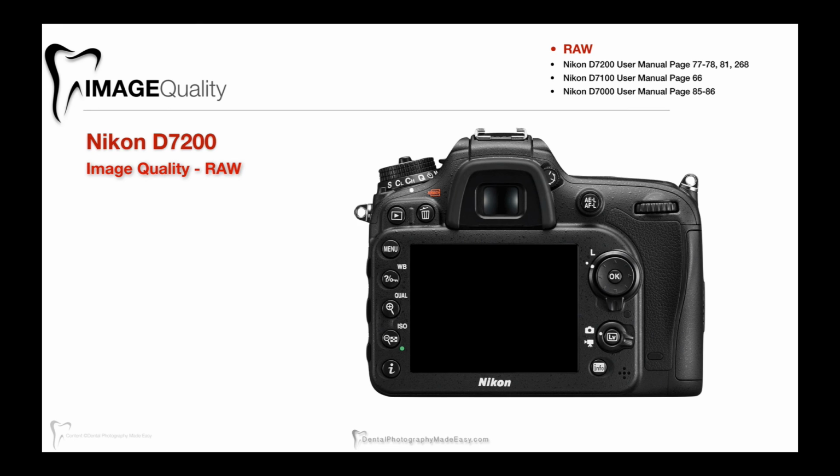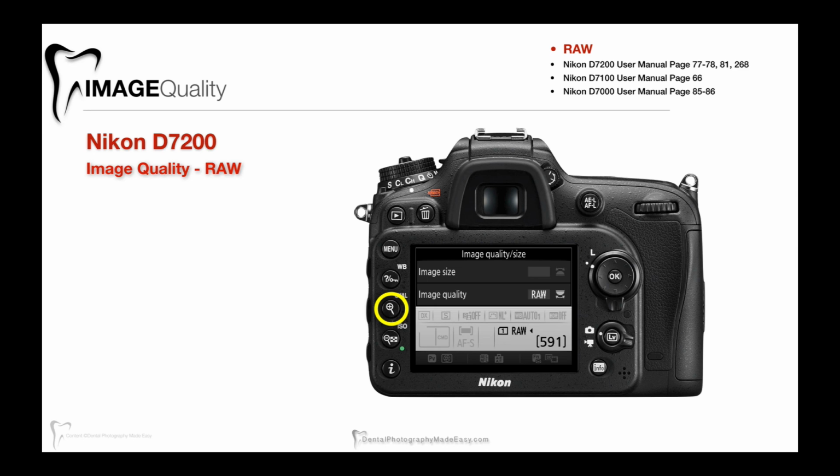So just like with the JPEG setting, if I want to press the qual button on the back of the camera, press and hold it, another menu comes up, and you'll notice that the image size front dial is now deactivated because we don't have to worry about an image size for our RAW files. They're all one size.